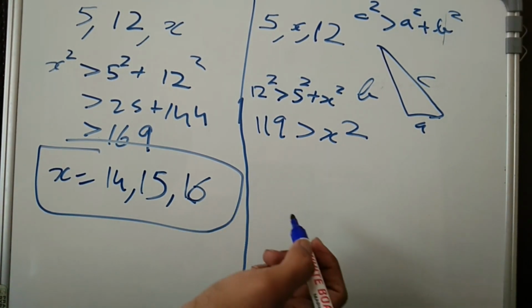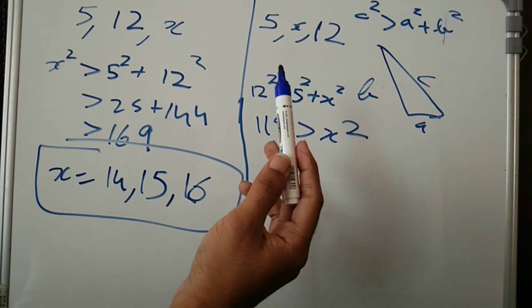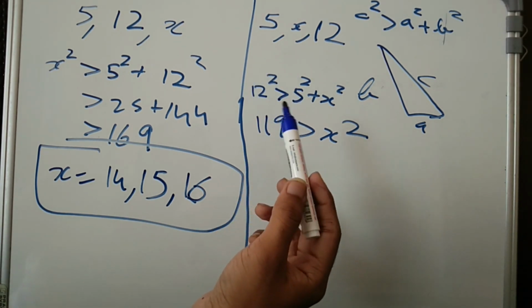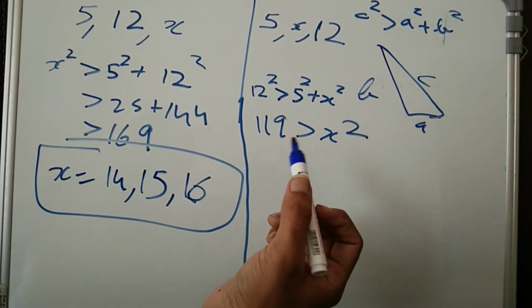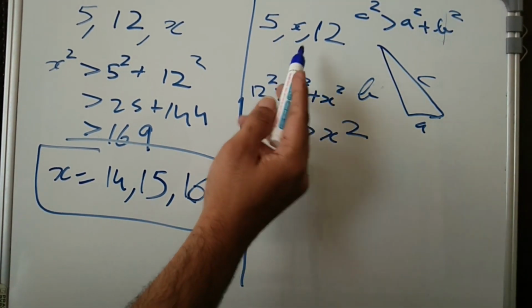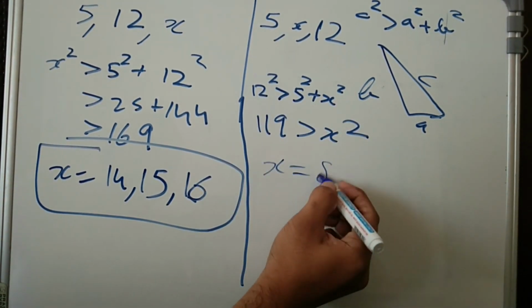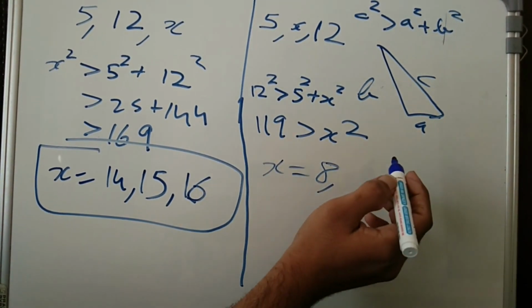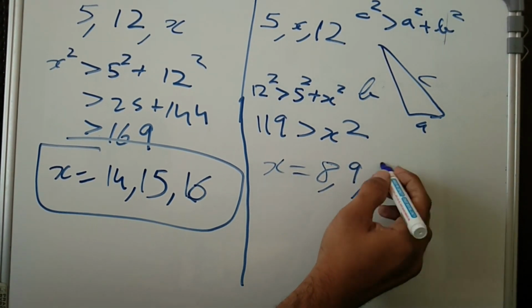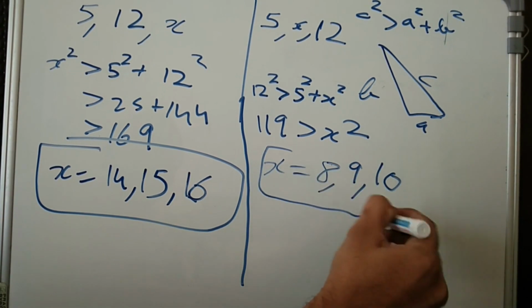Now again we have to do the same thing. x square should be less than 119, and the sum of two sides should be greater than the third side. So the possible values of x would be, I can't take 7, because 7 plus 5 will be 12. Then I can take 8, I can take 9, I can take 10. I cannot take 11. So three possible values here.